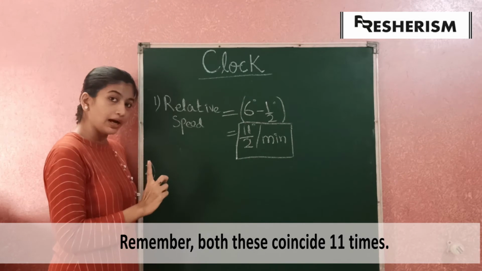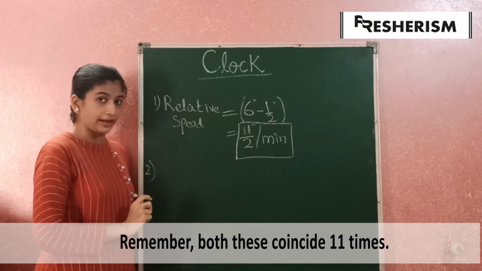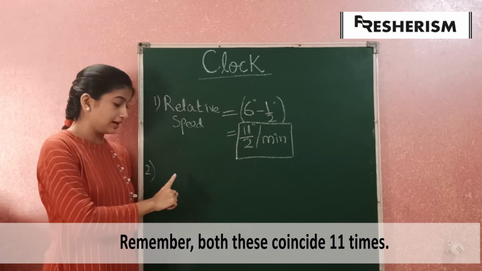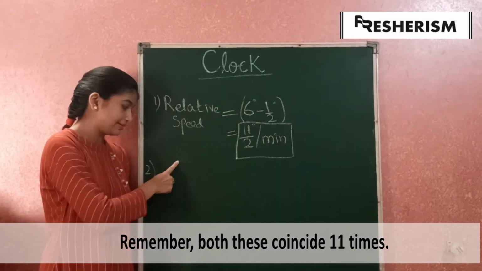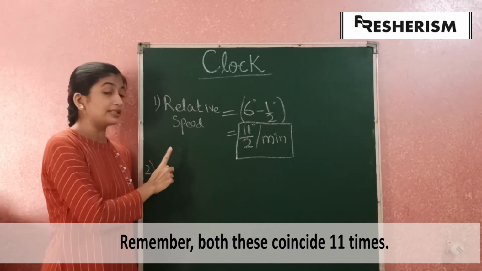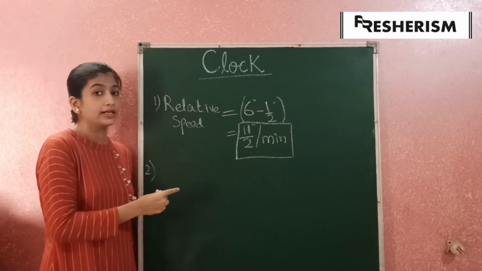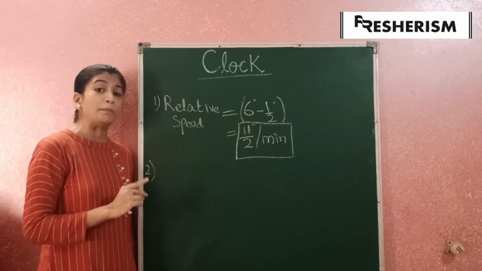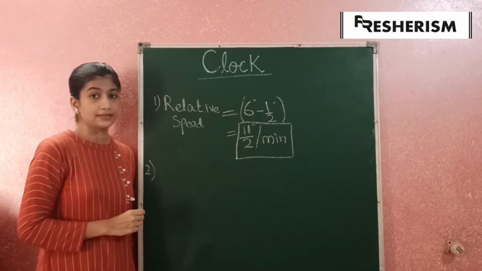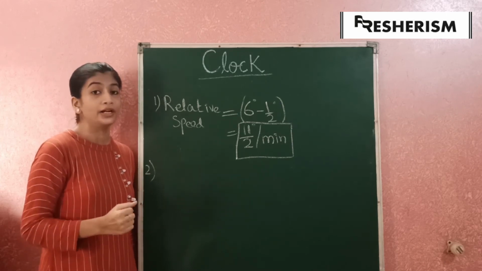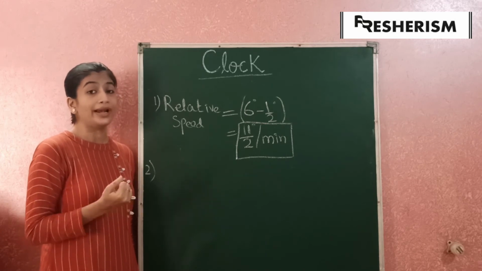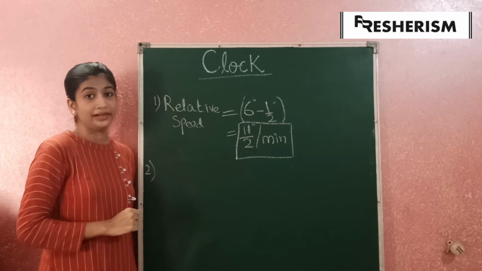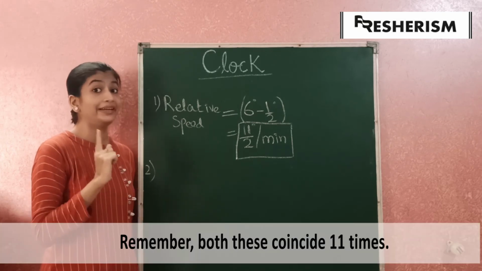So if in an hour both hands coincide, then in 12 hours, when the clock completes the entire circle, they should coincide 12 times. But no, this is not the case. The hour hand and the minute hand coincide 11 times.